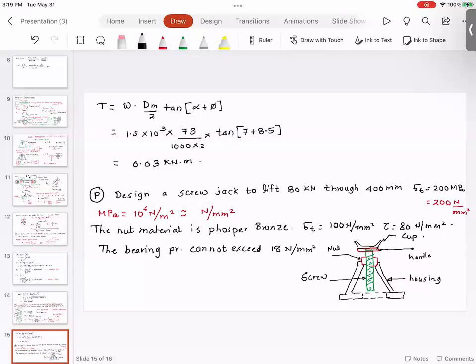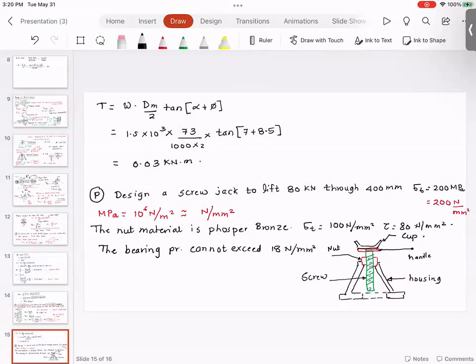So for example, once you design the nut, once you design the screw, then you want to design the housing so that the nut can be attached. Then you want to have the handle of sufficient length so that you can rotate the screw, and then the cup can be raised up or down.